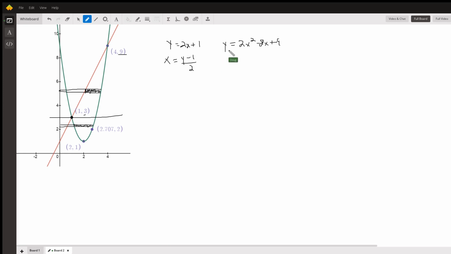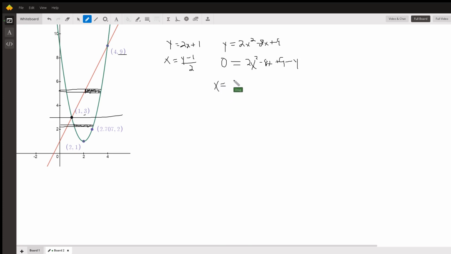To solve this quadratic function for x in terms of y is not so easy. I'll give you some hints here. We could do this: 2x squared minus 8x plus 9 minus y, treating y as a constant. And now we've got a quadratic equation, and we could use the quadratic formula to get x in terms of y.